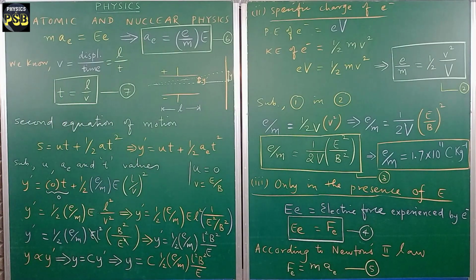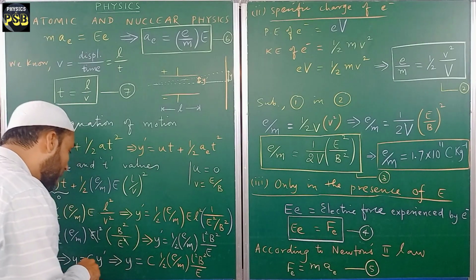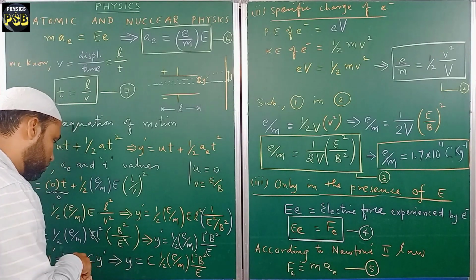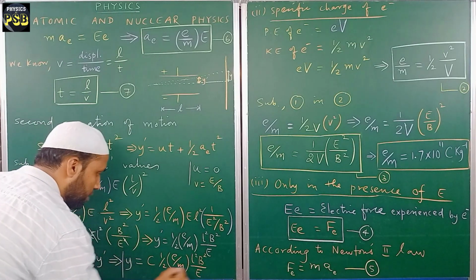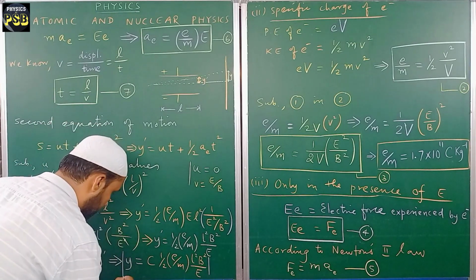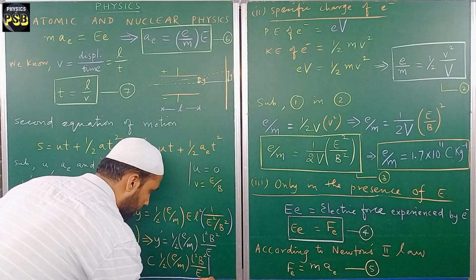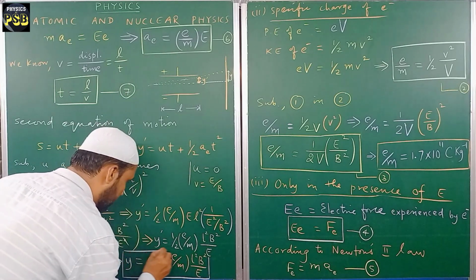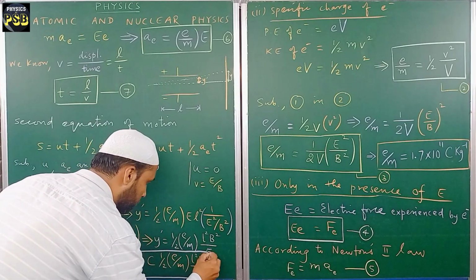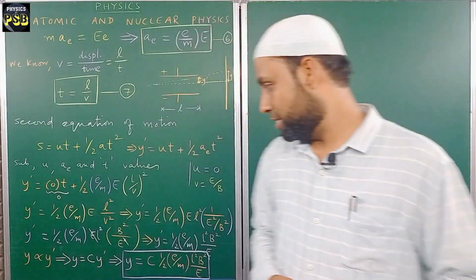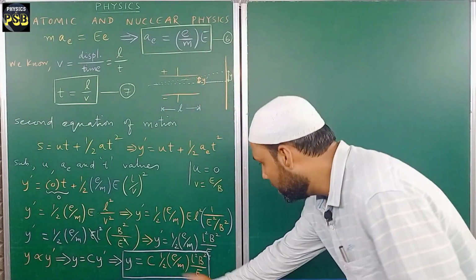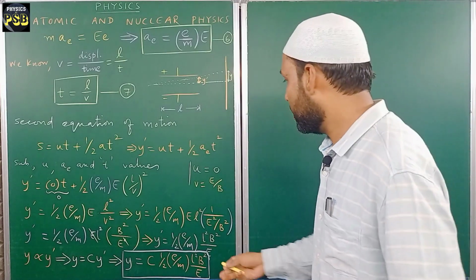This is the expression of y. Now the next step, I am going to get the required value, that is nothing but the e upon m value. This one, I box for better visibility. Now let me write the expression for specific charge from this equation.